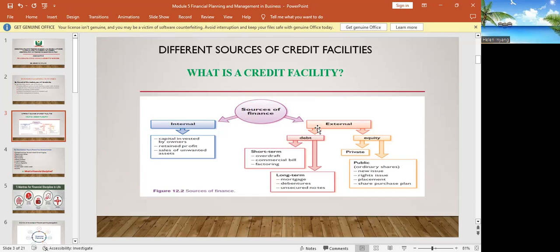These are long-term sources of finance. Then with equity, this comes under private and public. In public, we have ordinary shares, new issues, rights issues, placement, and share purchase plan. So these are the various sources of finance that you can think about.